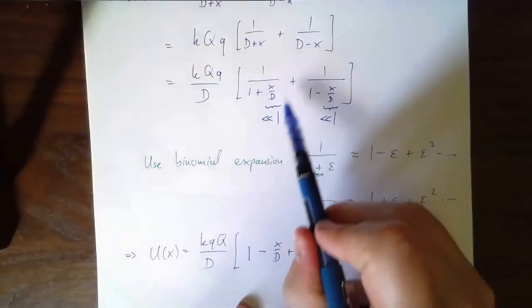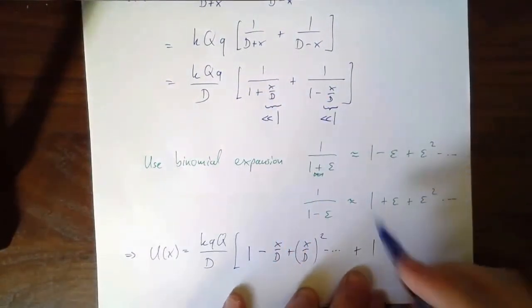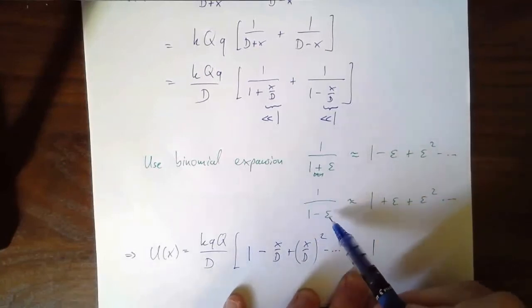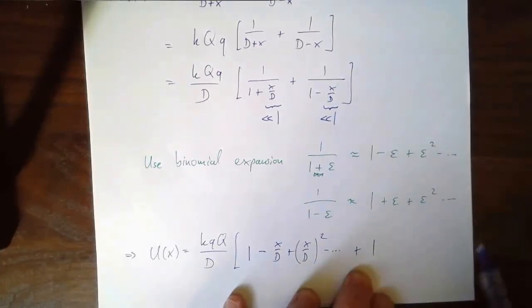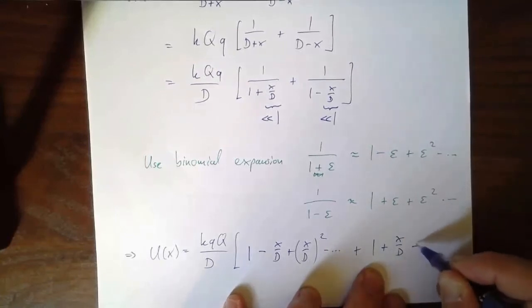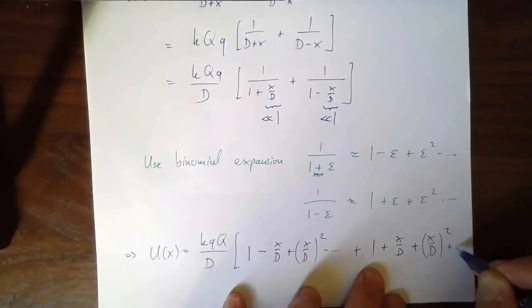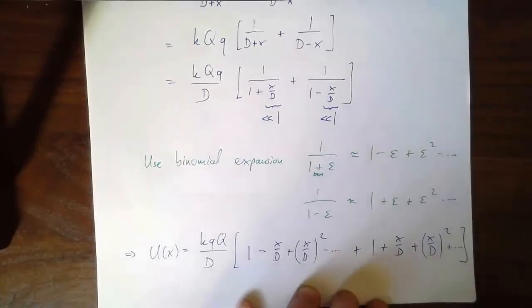That's the first term, this one here. Now I want the second one. So I'm going to add to it 1, using this expansion here, where epsilon is equal to x over d: 1 plus x over d plus (x over d) squared, and so on.